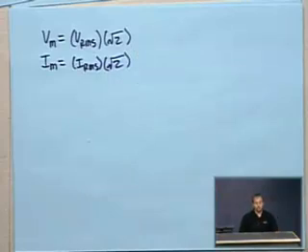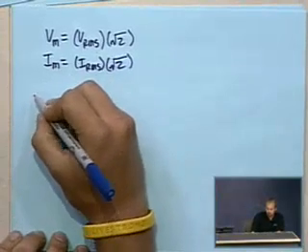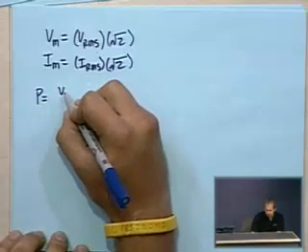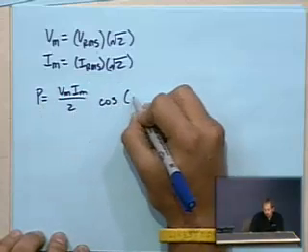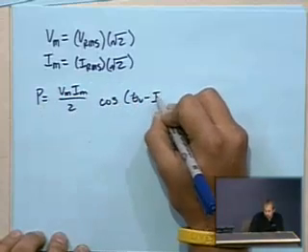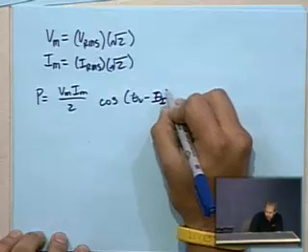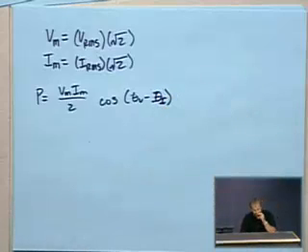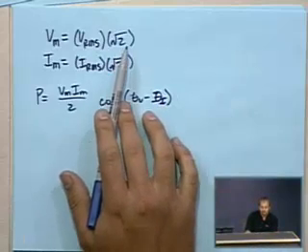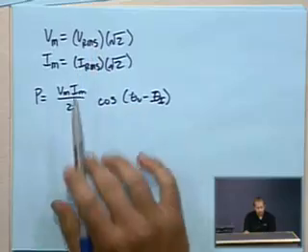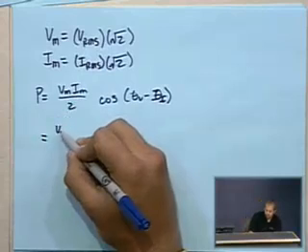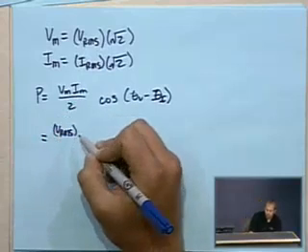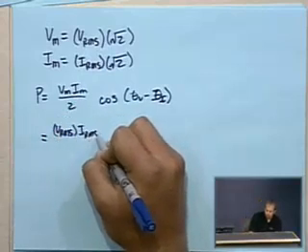So we can go back to our average power formula, which was P equals V_m I_m over 2 times the cosine of theta_v minus theta_i. Wow, that got messy. And we could plug in the RMS values: V_RMS times the square root of 2, and I_RMS times the square root of 2.